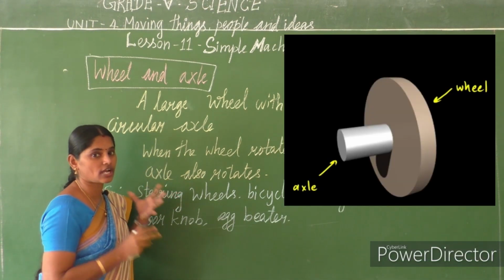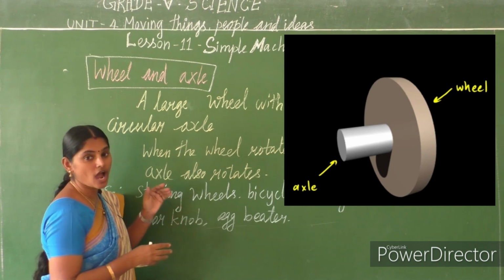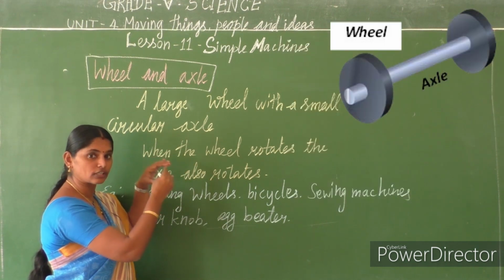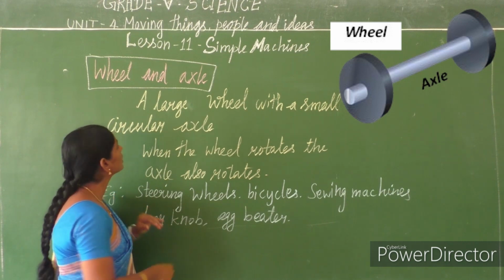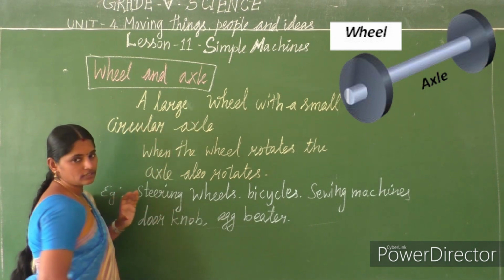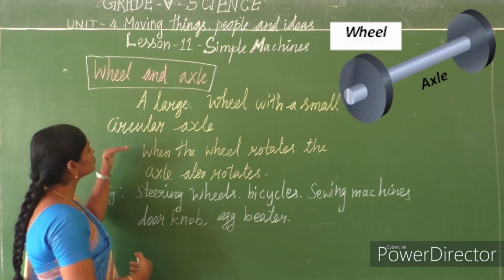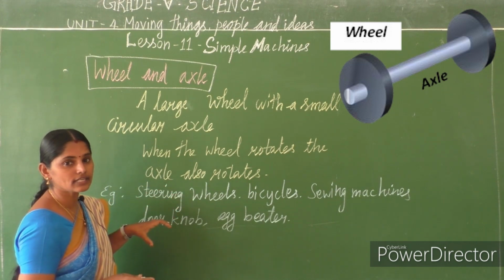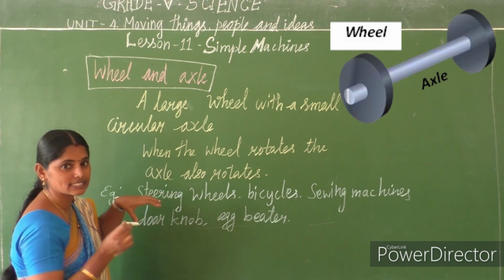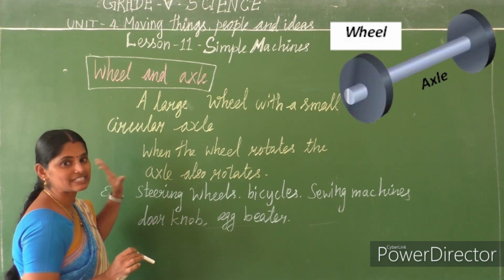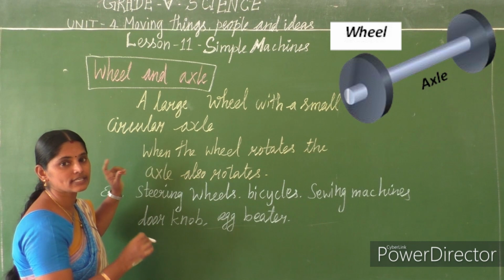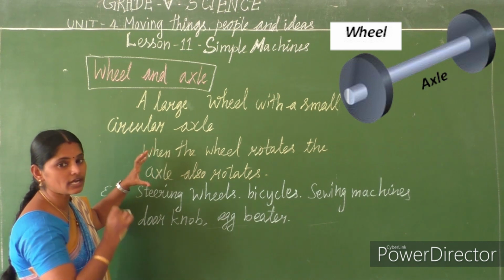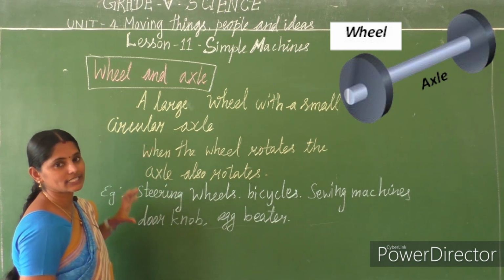Wheel means chakram, okay? Axle is the rod. A wheel and axle is a large wheel with a small circular axle in the center. Clear children? A large wheel, and what is in the center? The axle. This arrangement we call wheel and axle.